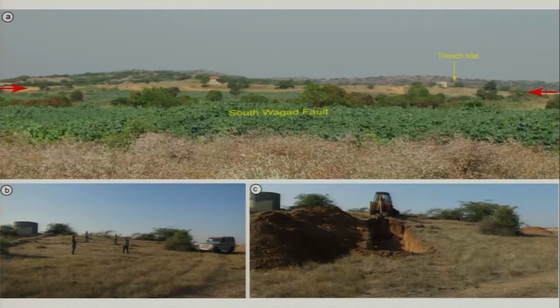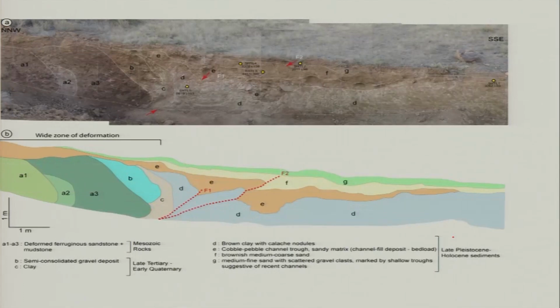So this was a pit, not very small but yes, of course, opened using a JCB backhoe to look at the section, because this will give us the deformation pattern. If you study this section opened here, we will be able to see. So we were very confident that the fault is running somewhere over here, and this was the trench which we opened and the stratigraphy which we studied.